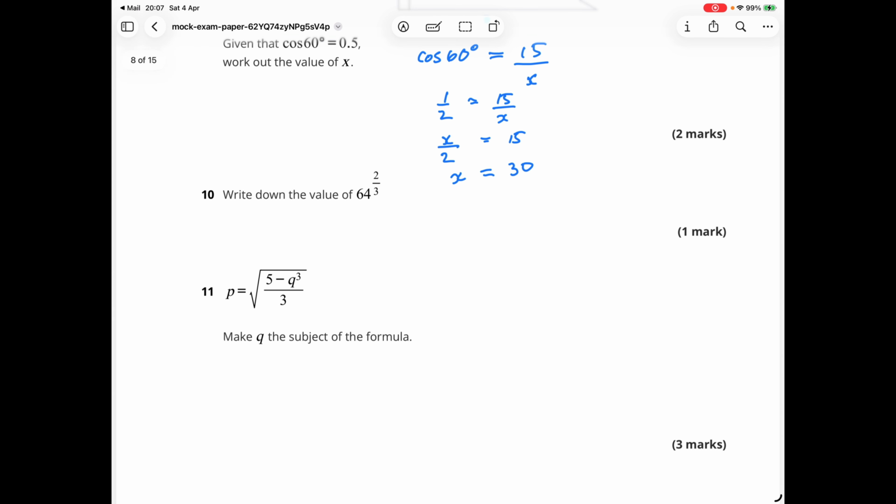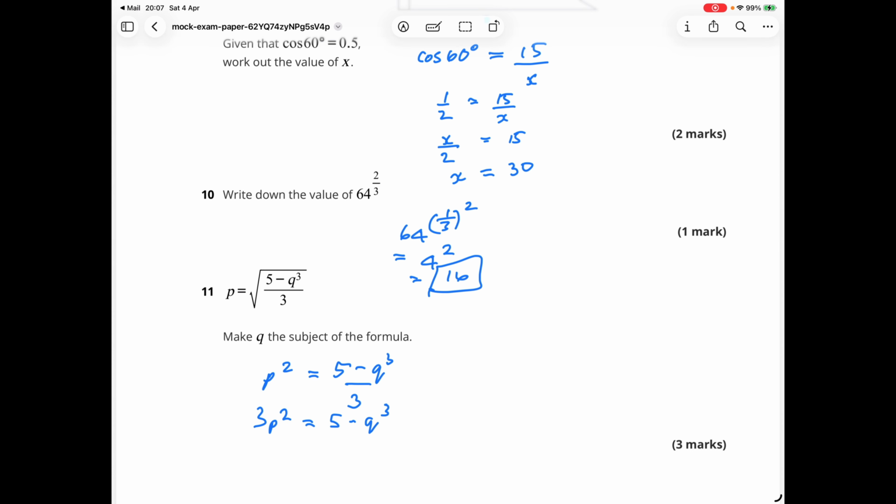Write down the value of 64 to the 2/3. The way you do this is you go 64 to the third, squared, which is 4 squared equals 16. There's your answer. And then p equals all this, make q the subject. So we'll start off by squaring both sides: p squared equals (5 minus q cubed) over 3. 3p squared equals 5 minus q cubed.